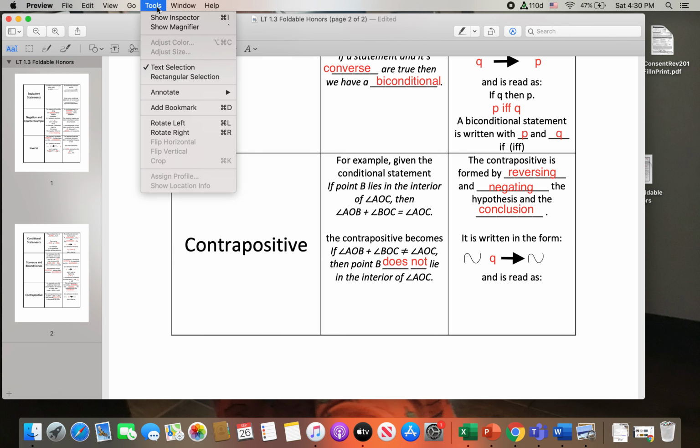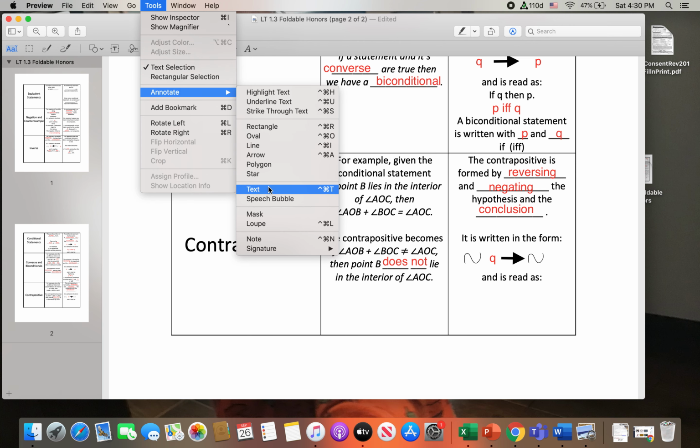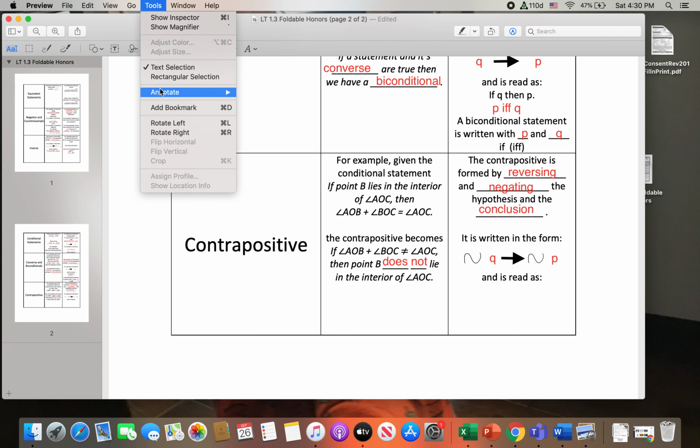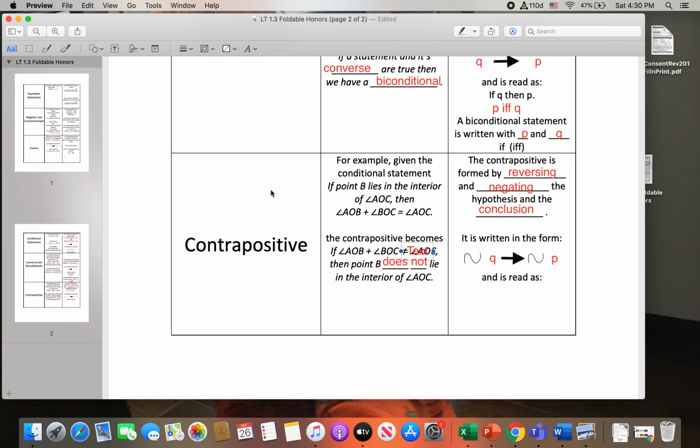And then the first letter last, P. And it is read as, if not Q, then not P. If not Q, then not P.